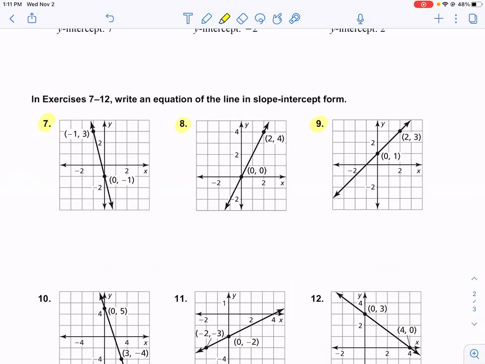So you need to write y equals mx plus b, and I would love for you to work with your elbow partner. But you write one.